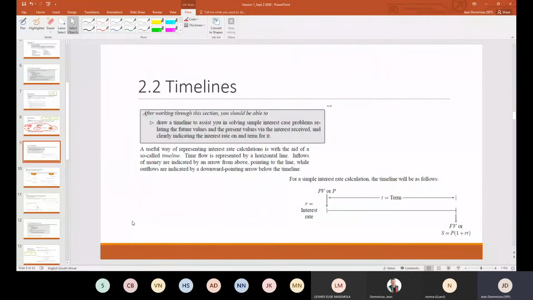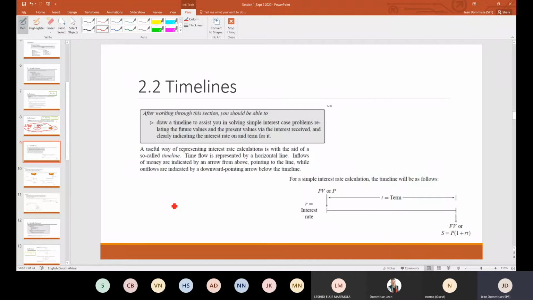So then we go into timelines, and the reason why I'm showing this again is I always like to work with timelines. Nearly all of my questions, I would draw myself a timeline to see what I need to do. Yes, in most cases I will work with a calculator, but I think it's important to draw a timeline so that you can see where you need to go.